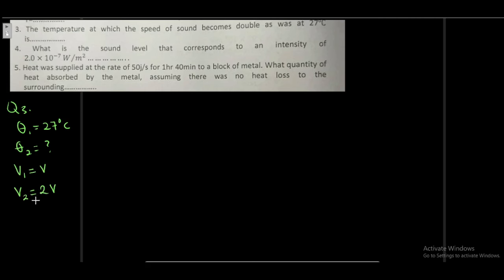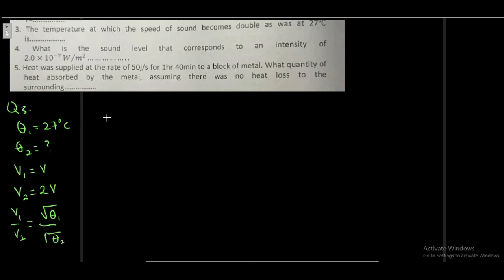Now to solve this, we simply use the relationship between the speed of sound and temperature. And mathematically, that is equal to v1 over v2 equals square root of theta 1 over square root of theta 2.